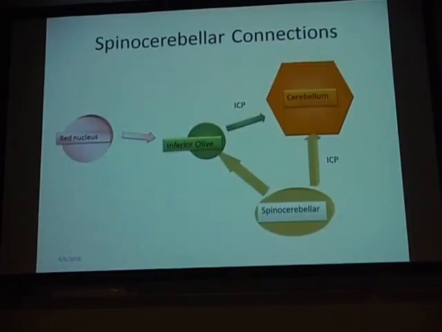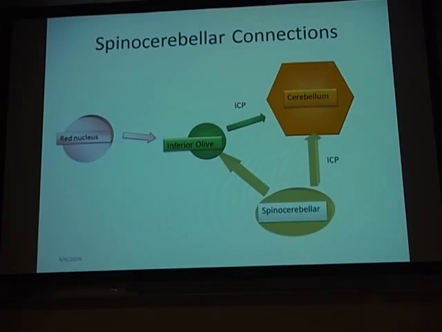So if we look at that in a diagram, here we're starting at spinocerebellar. Direct projections to the cerebellum through the ICP, and indirectly to the inferior olive, integration into the cerebellum via the ICP, which is the tract that we just looked at. Okay?